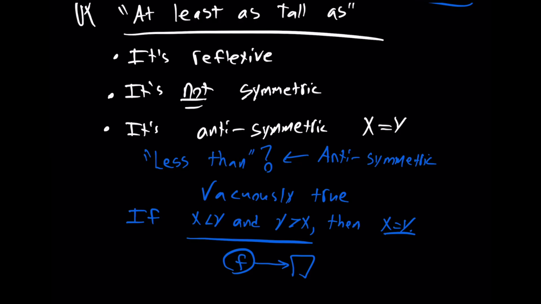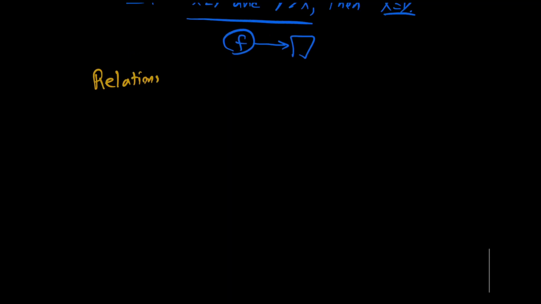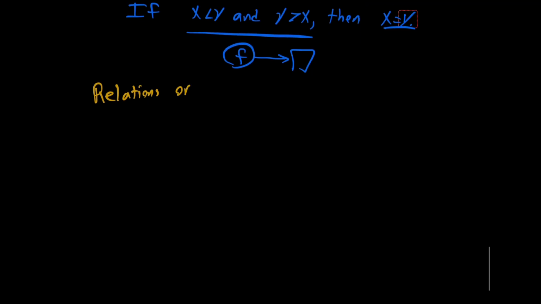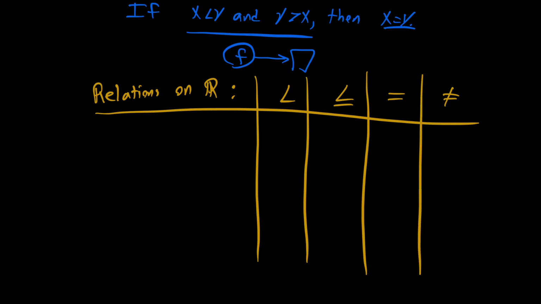So this allows us to think about mathematical relations. So let's consider relations on the real numbers. We have things like less than, less than or equal to, equal to, and not equal to. So we're just going to think about these different possibilities.